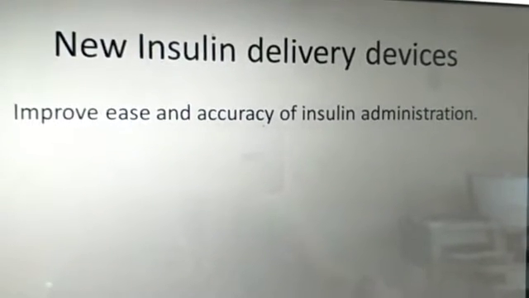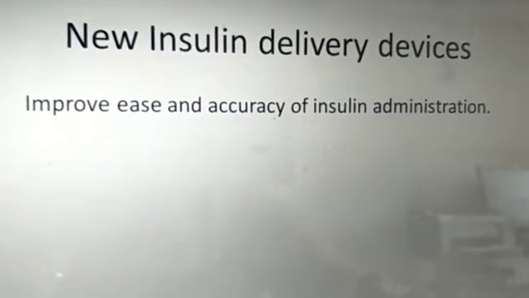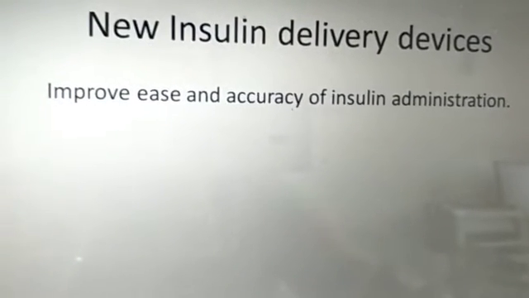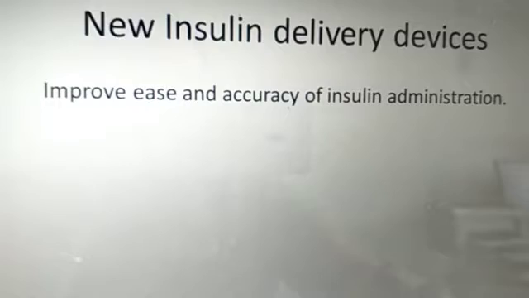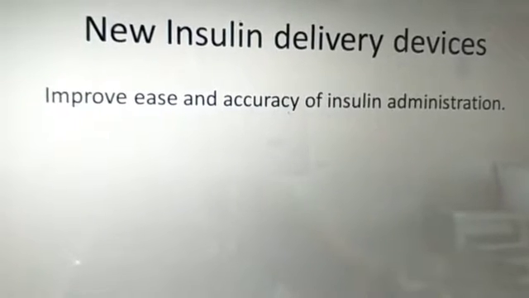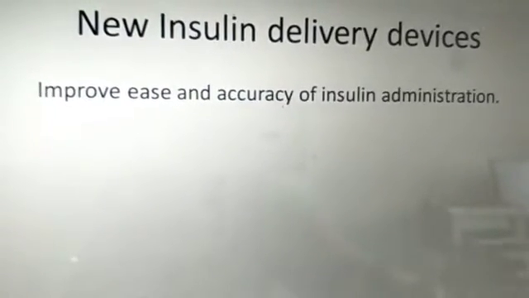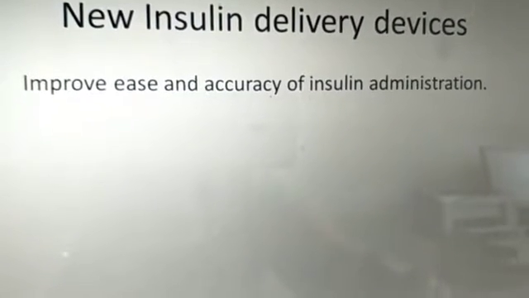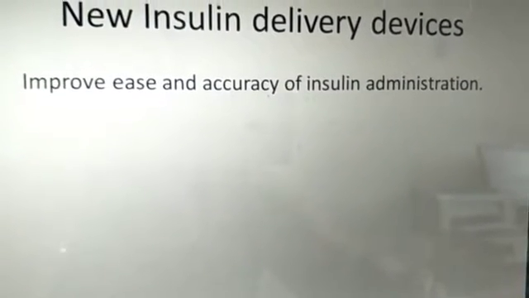So new insulin delivery devices, the objective of the development of these devices is to improve the ease and accuracy of administration of insulin, because diabetes is a lifelong condition. Patient may need insulin throughout life.